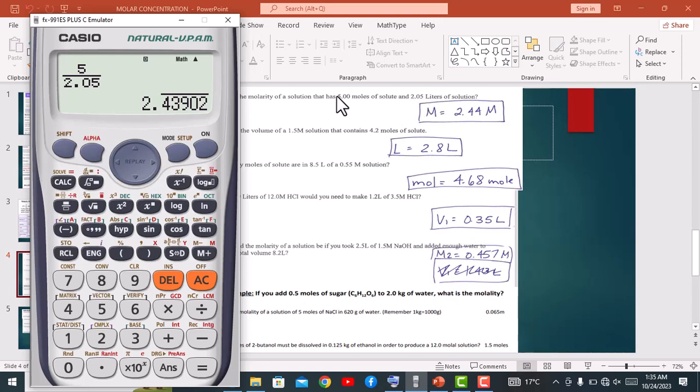So you will get that answer of 2.44. So when we divide the number of moles by the volume of the solvent, you have 5 moles of the solute and 2.05 liters of the solvent, and this gives you a concentration.